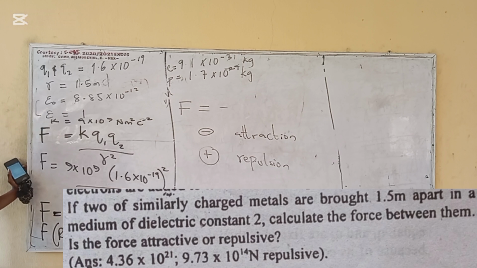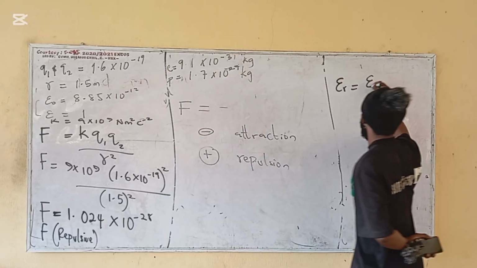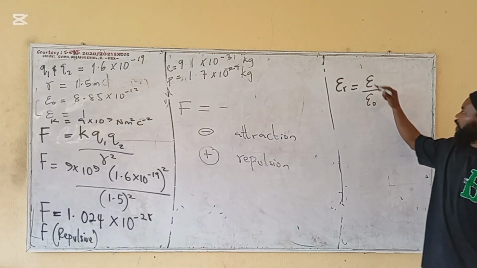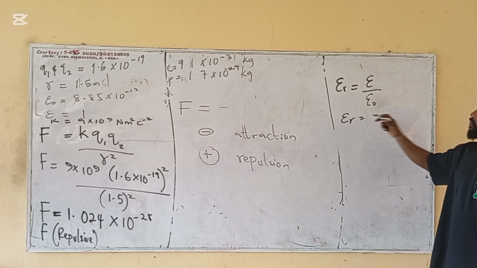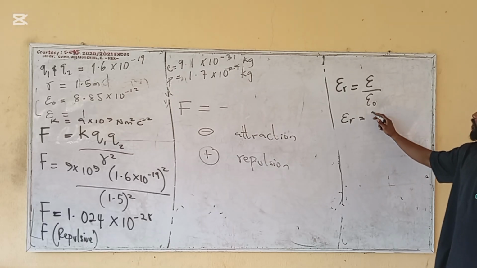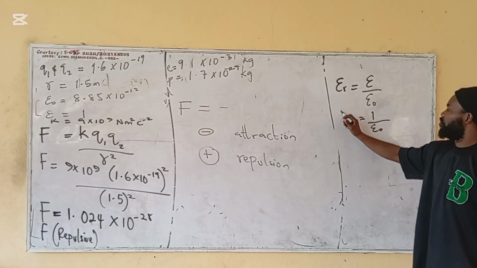Okay, let's put 2 here. That means that epsilon r is equal to epsilon over epsilon naught. In a vacuum this is 1, but they gave us this one to be 2.